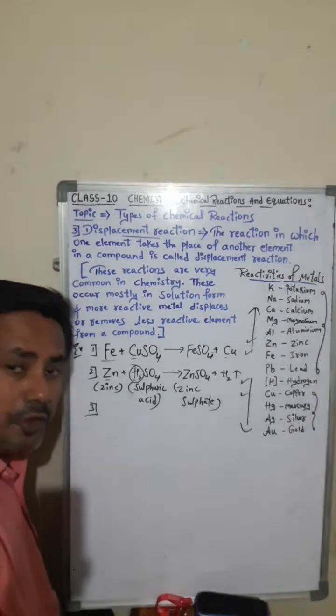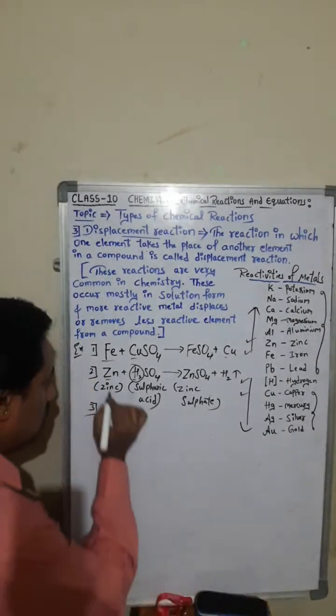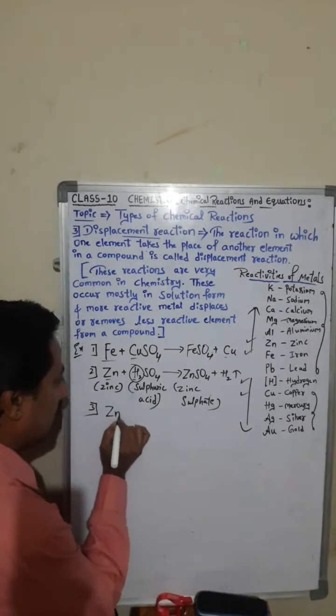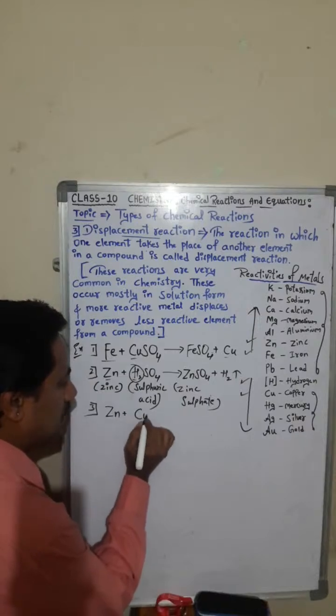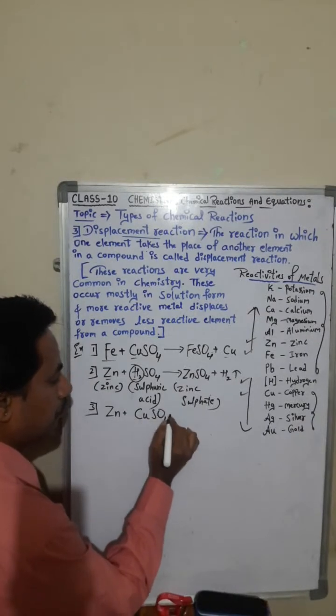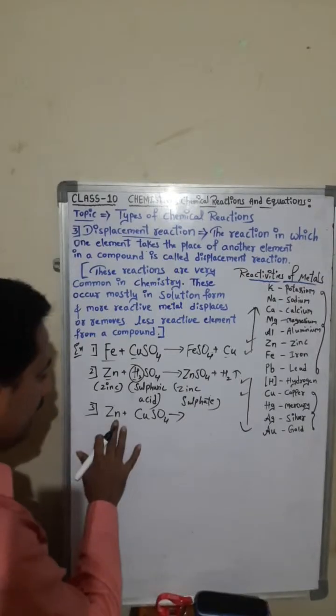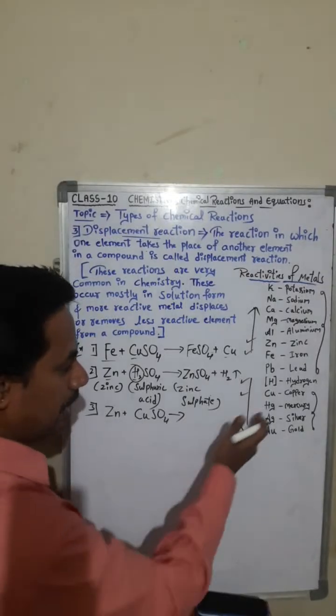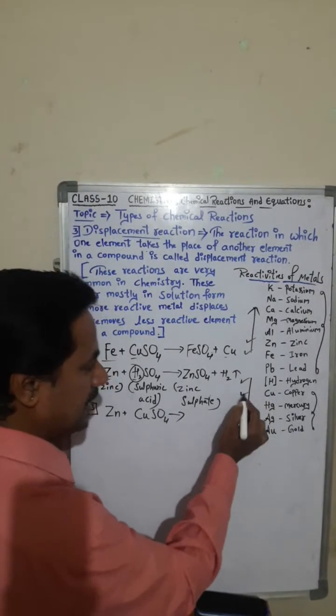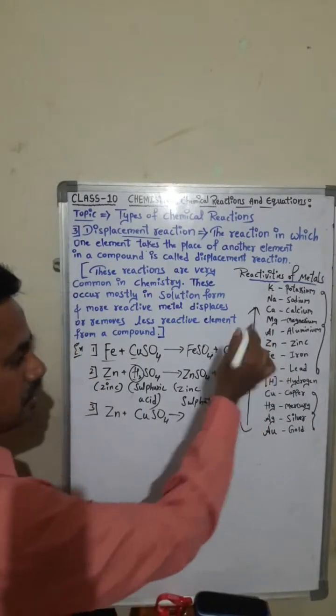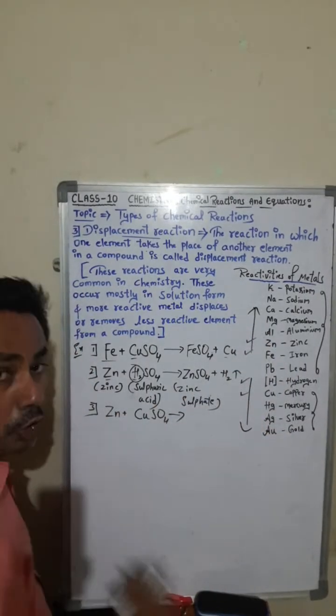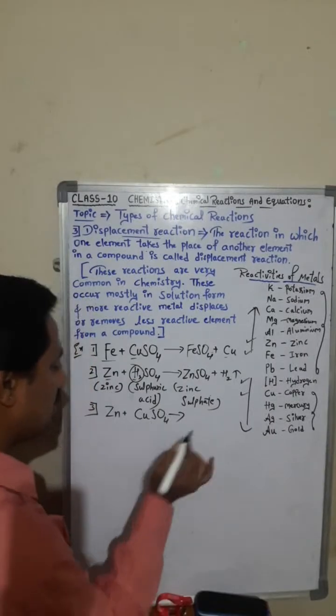We will take a few more examples here. So this zinc combines with copper sulfate. Zinc is more reactive or copper is more reactive? Let's see, copper's place is here and zinc's place is here. So zinc automatically displaces copper.